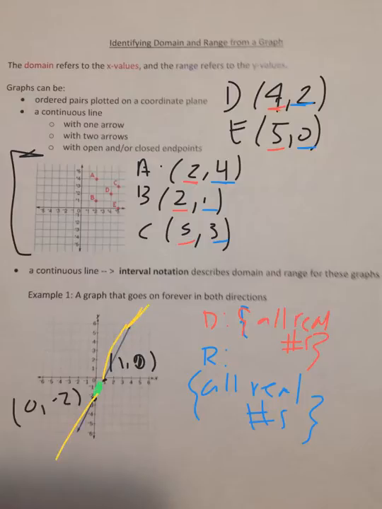Every x value that you see on here is going to pair up with some y value. And the same thing going out here, all the x values in the negative, they're going to hit this line because it's going on forever. And that's why your domain is all real numbers. And the same thing with the range. I'll try and show you on the graphing calculator when we get into class.